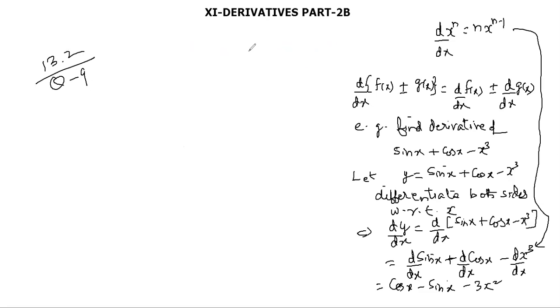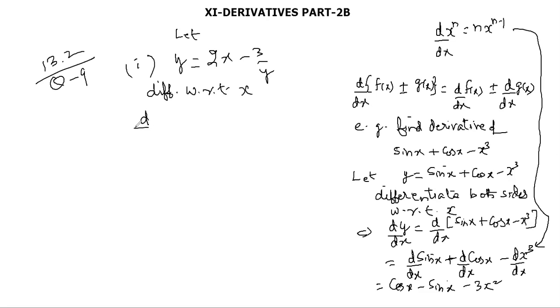Question number 9, any part we can take. If we see the first part, y is equal to 2x minus 3 by 4. Let y be equal to this, then always write this step: differentiate with respect to x.